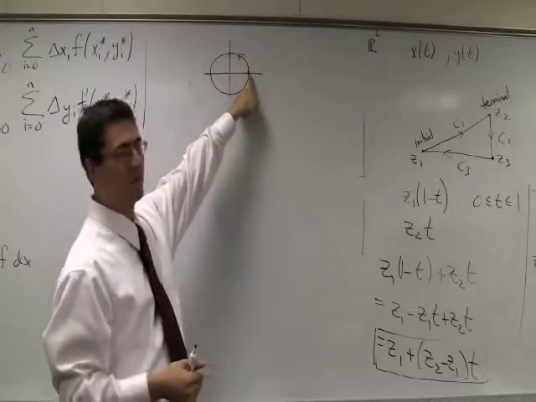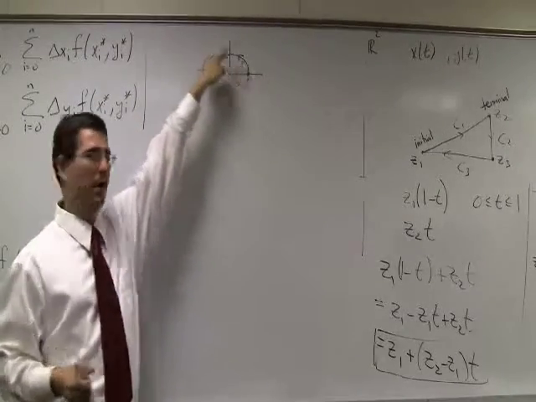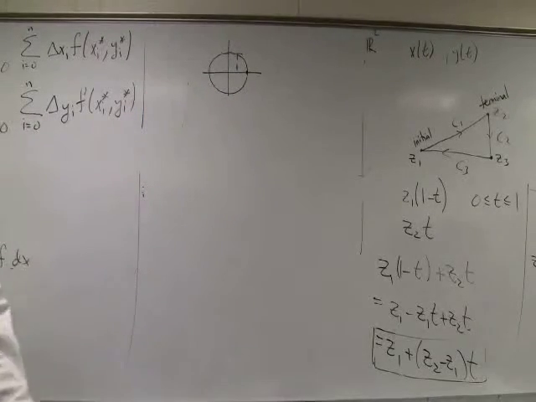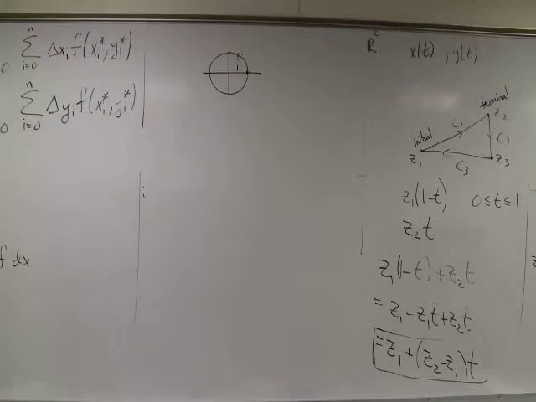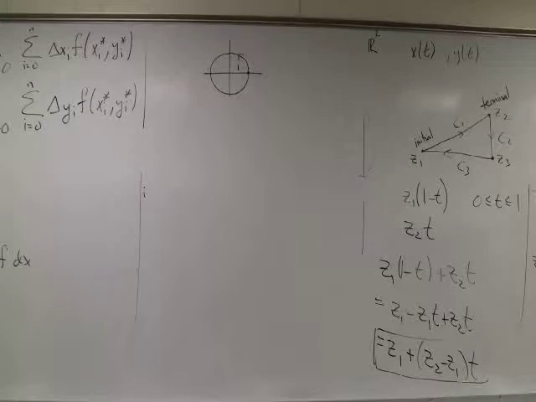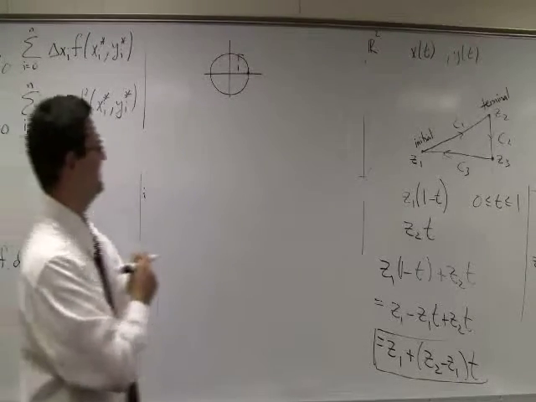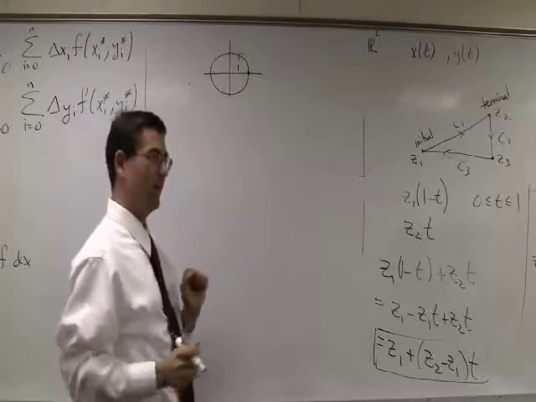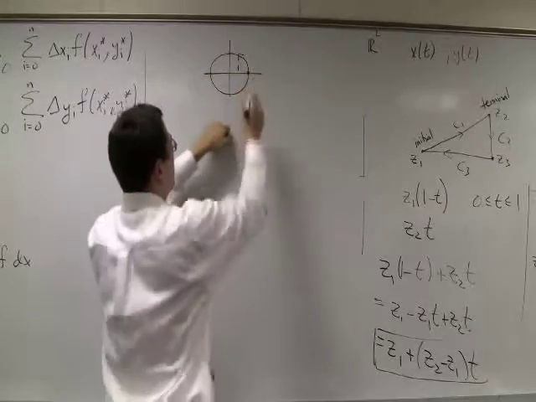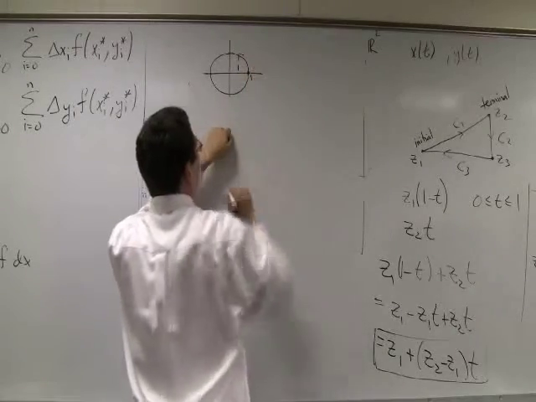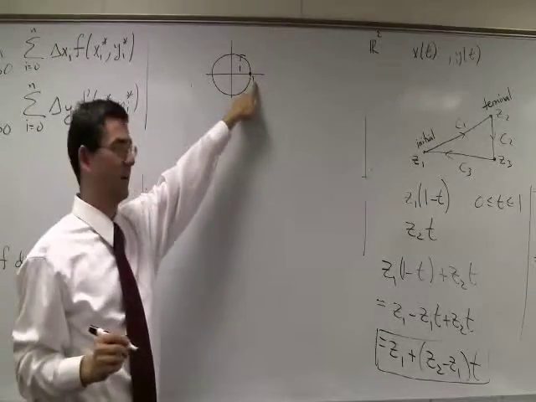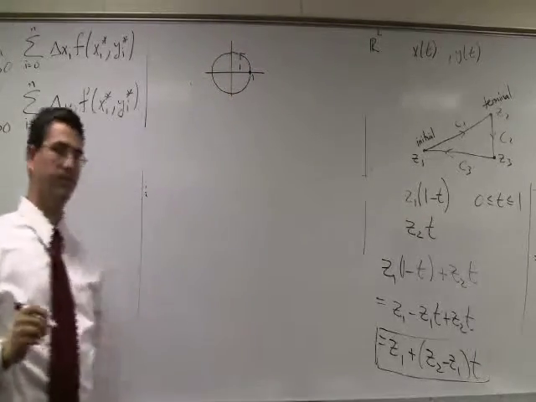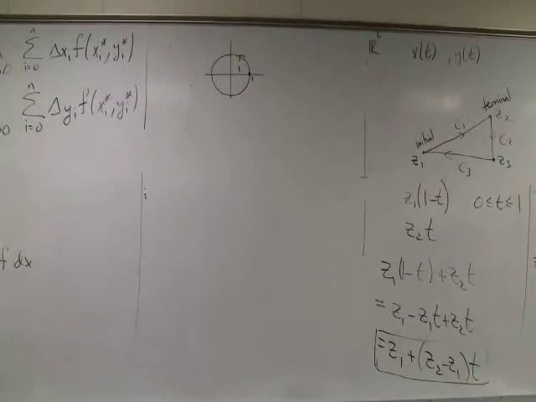I swear. Let's start at the origin and go around the circle of radius 1. This is a circle of radius 1. I want to start at the complex number 1 and go around the circle one time. How do I write that down?